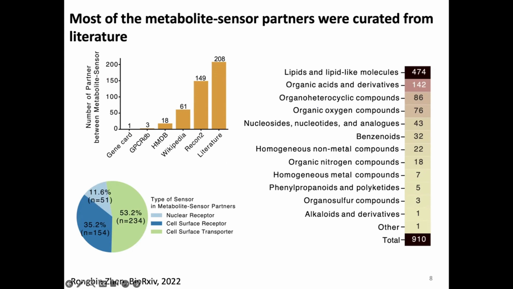And we can also say the metabolites covered most of the major categories of metabolites. The sensor proteins can be divided into three major categories, including receptor proteins on the cell surface, which means these receptors only bind the metabolite but are not involved in metabolic reactions. There are also receptors in the nucleus and cell surface transporters that only transport the metabolite into the cells.